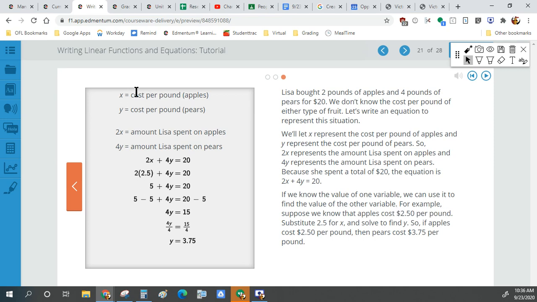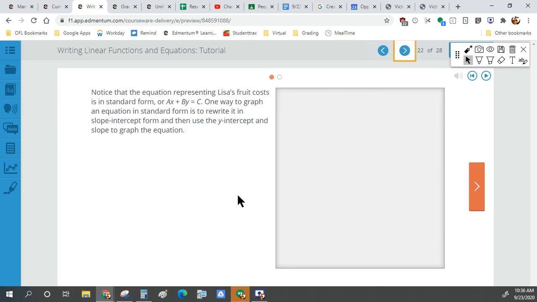Our x was cost per apple. So we can solve for y, which is our cost per pear, by doing all the work. I'm not going to really go over the algebra. You guys can see it here, but we've been practicing it enough. You guys are just learning what it means now.